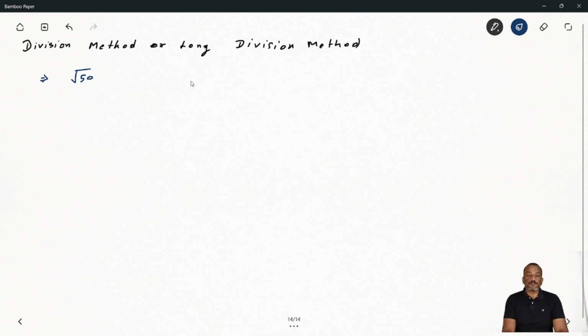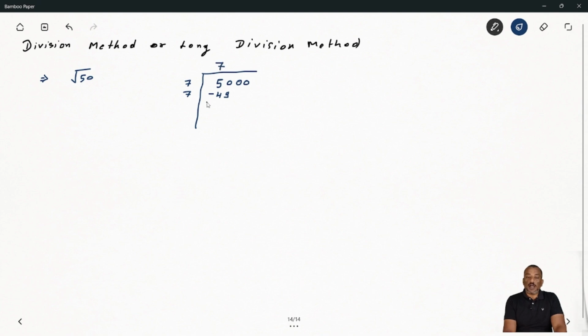So how can we find it? We use this way: we write 50 and add a pair of zeros. Before 50, the perfect square coming is 49, which is the square of 7. So we write 7 and 7, subtract 49, and the quotient is 7.